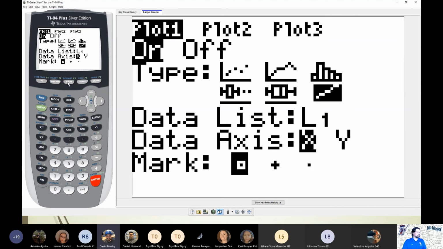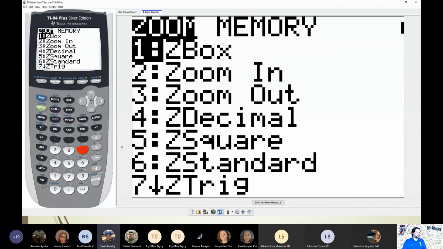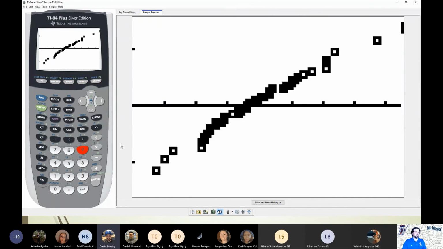And again, we'll go to zoom. Stat plot is the 9th option. There's the plot. This is approximately a line. Not perfect, not exactly, but approximately. All right. So that means we have another piece of evidence to say that that distribution is approximately normal.